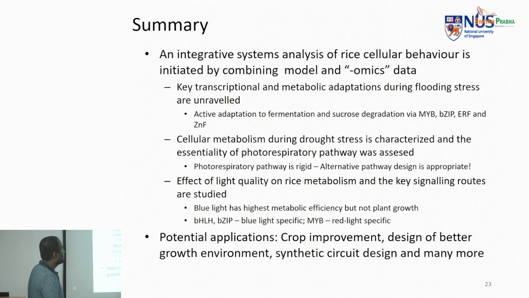And we also were able to establish the finer changes which happen when you grow them in different colored lights or when there is a gradual change over the wavelengths. So the potential application of this is, when you are able to characterize what is happening in the photorespiratory pathway or the fermentation adaptation, you will be able to better establish transgenic plants, or better design a greenhouse and so on.